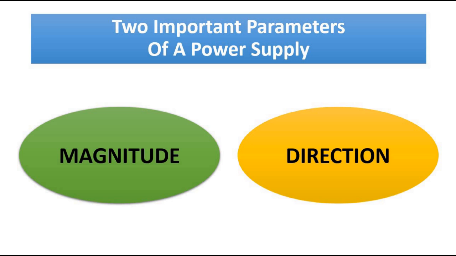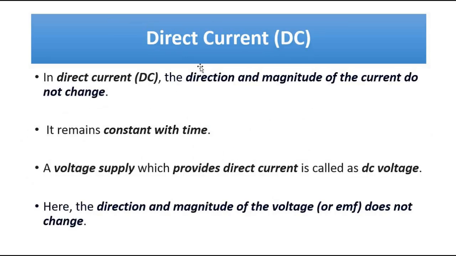So in direct current or DC supply, whether it is voltage or current, the direction and magnitude of the current do not change. The parameter, whether it is voltage or current, here we are discussing direct current DC, so the direction and magnitude of the current does not change with time, it remains constant.